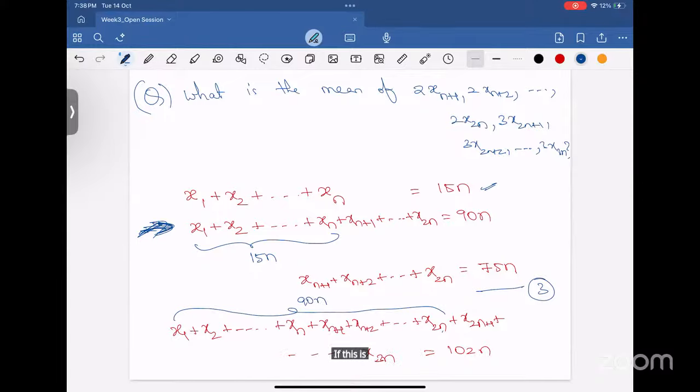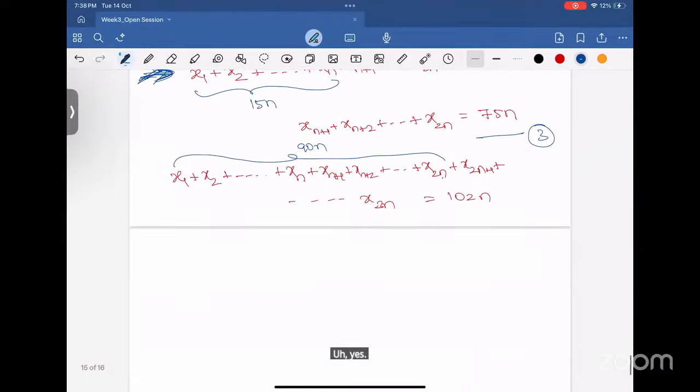If this is 90n, then I can write the sum x2n plus 1 till x3n as 102n minus 90n. So 90n plus this sum is 102n.